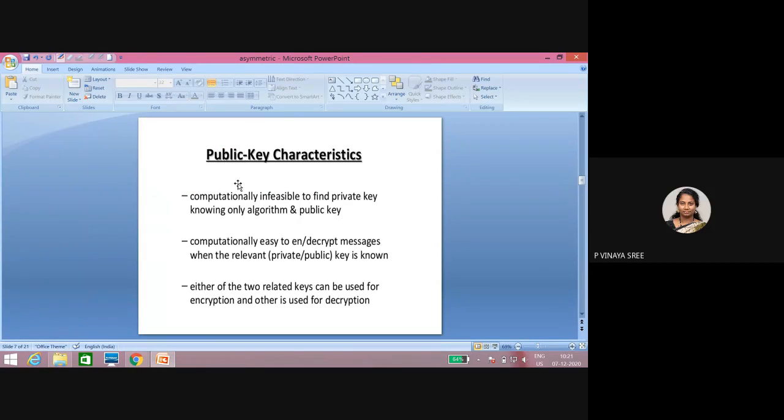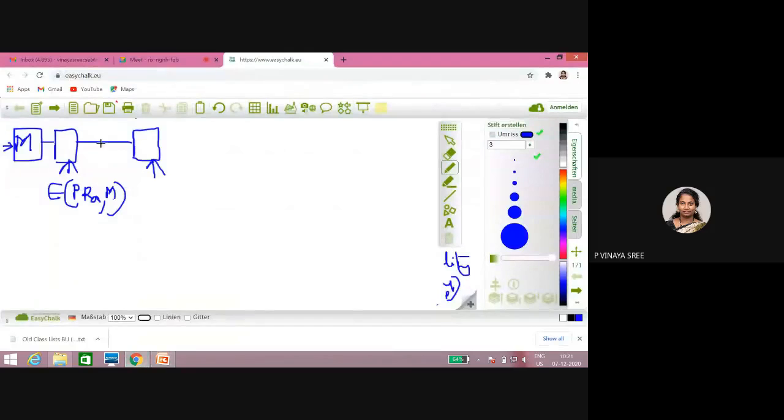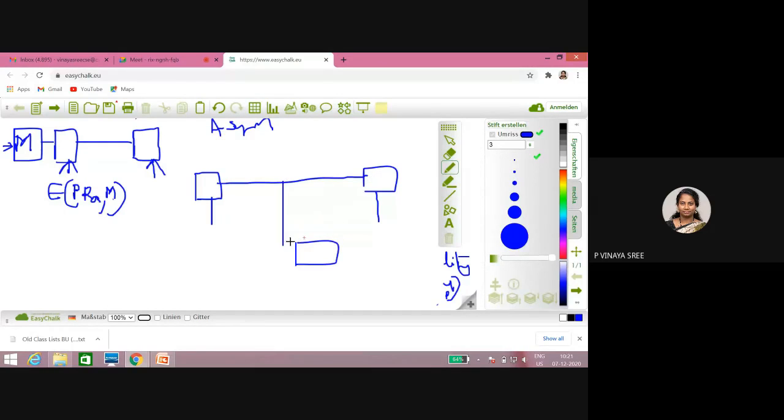So let me study the public key characteristics. Here, it is computationally infeasible to find the private key knowing only the algorithm and the public key. Consider a sender and a receiver communicating using asymmetric key cryptography. If Eve gets this message, Eve will try to decrypt, but if it is confidential, Eve has to know the receiver's private key.